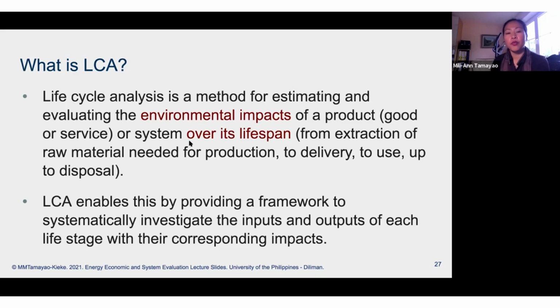But the important thing is you understand and appreciate the basic framework as well as the basic tools that are used in LCA. And LCA enables this by providing a framework to systematically investigate the inputs and outputs of each life stage with their corresponding impacts.